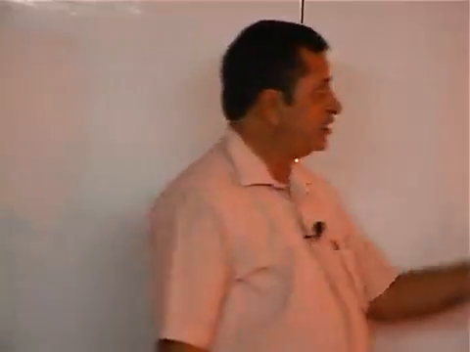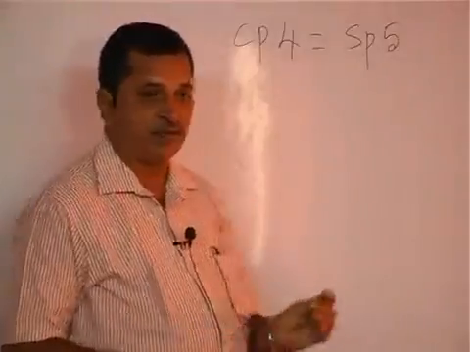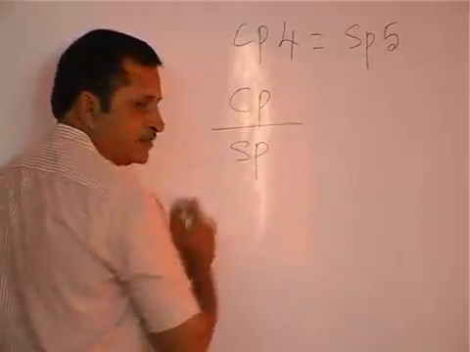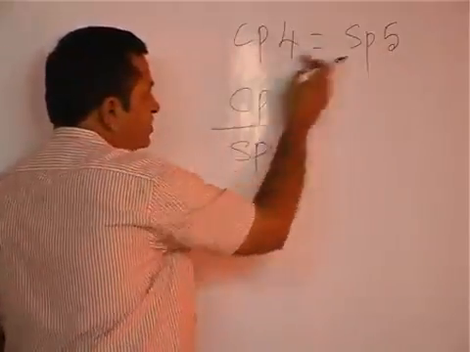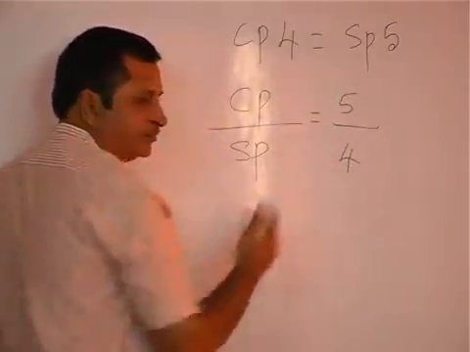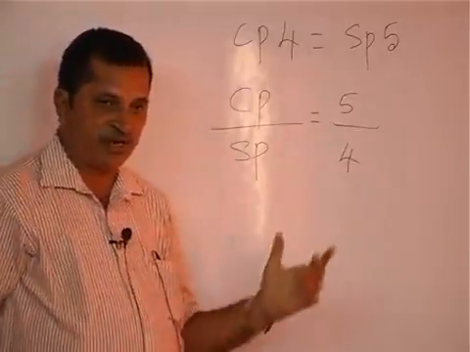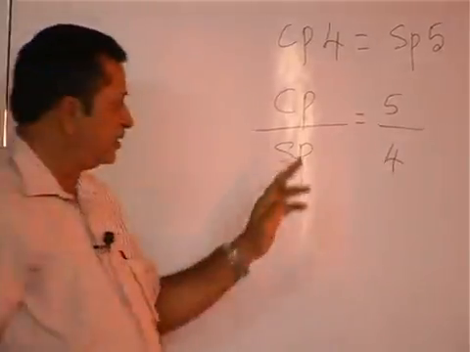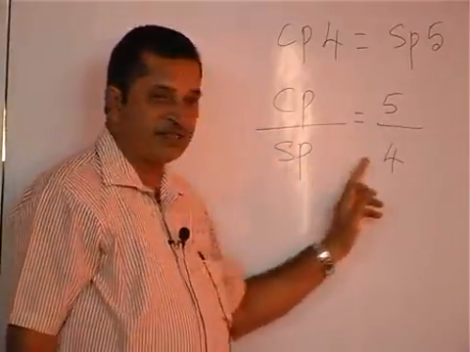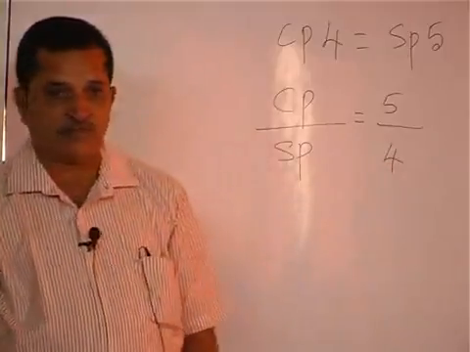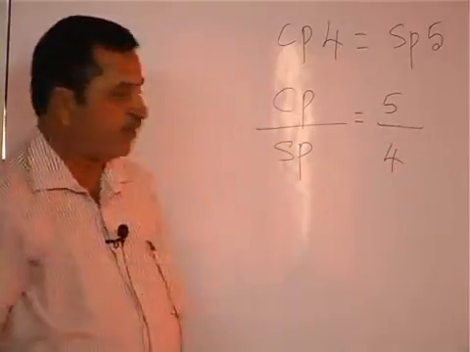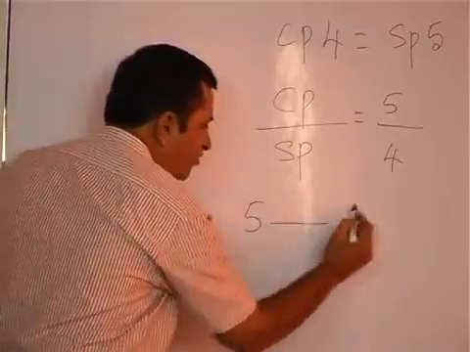What we have to do is convert them into ratio. Cost price, under this you bring the selling price. If cost price is under this selling price, then under 5, what will go? 4. Once you have converted like this, you can assume that cost price of an article is 5 rupees and selling price is 4 rupees.